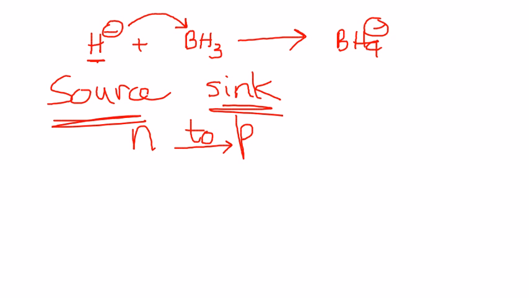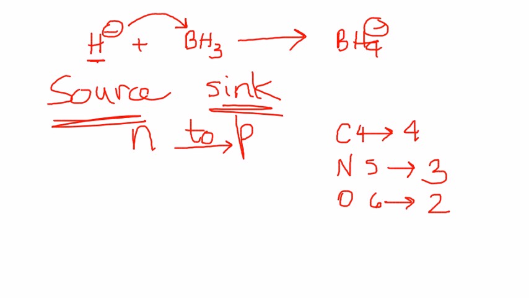For instance, carbon can make only 4 bonds. Nitrogen has 5 electrons of its own, and it needs to make only 3 bonds. Likewise, oxygen has 6 electrons and needs to make only 2. Fluorine, likewise, has 7 electrons and needs to make only 1 bond.